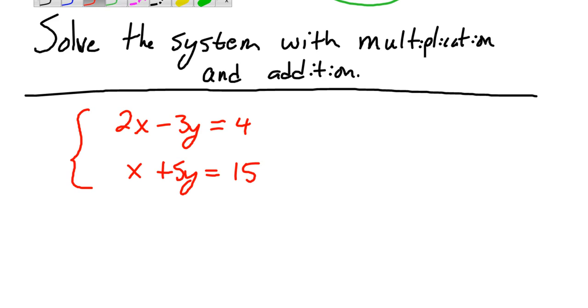Okay, now here's where the multiplication comes in. When you look at this one, you don't have the same number on x, you don't have the same number on y.